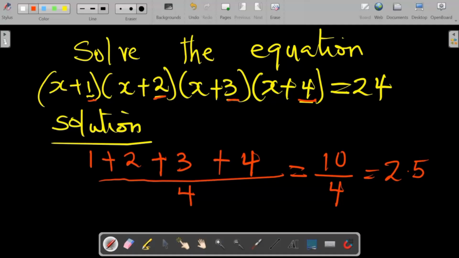Next thing we are going to do is to shift our variable so that it is centered exactly at 2.5.